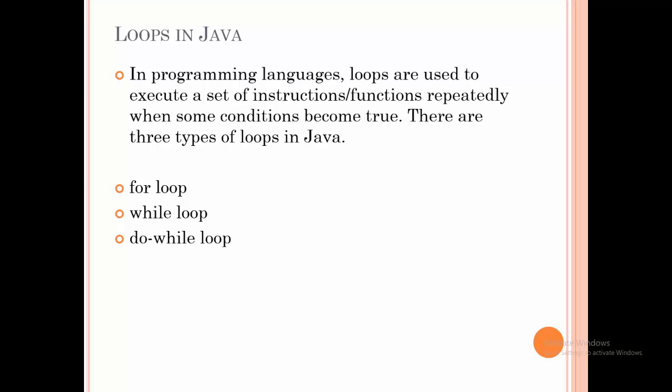So I want to execute a particular statement again and again for some time. That time I will be using the loop statements. So there are 3 types of loops in Java. One is for loop, another one is while, then a do while. So today I will just give an intro about the loops.